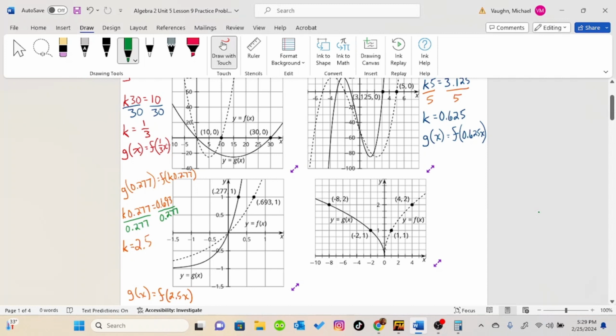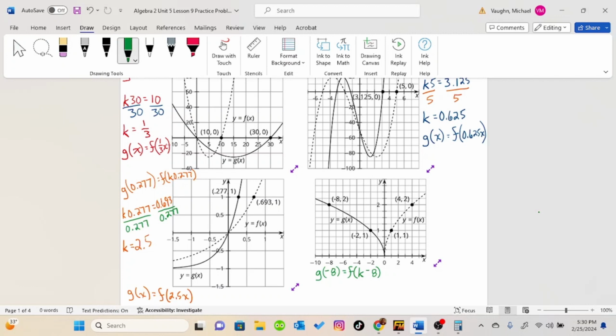As we look at the bottom right example, we see that g of x is the solid line and f of x is the dashed line. So we're saying that g, with an x value of -8, needs to equal f of k times -8.